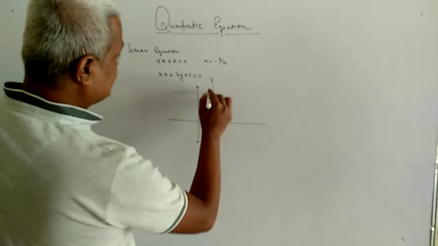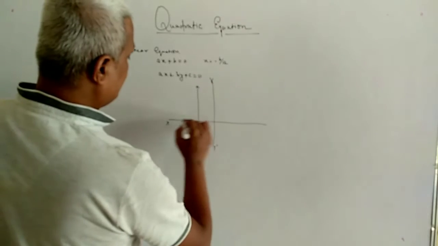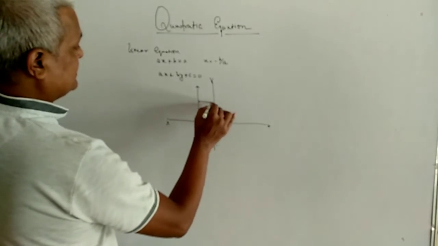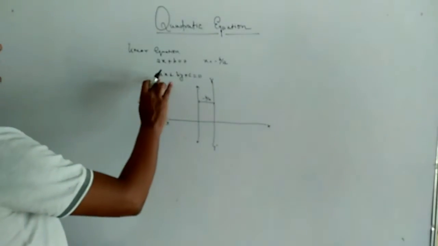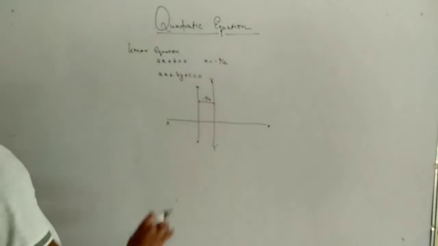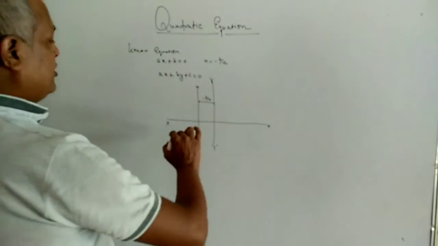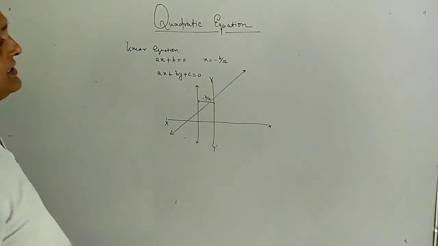This is the y-axis, and you are getting this line, so this distance is minus b over a. If you plot ax plus by plus c equal to 0, you will get a straight line. This is the basic idea of a linear equation, but we are not dealing with that.